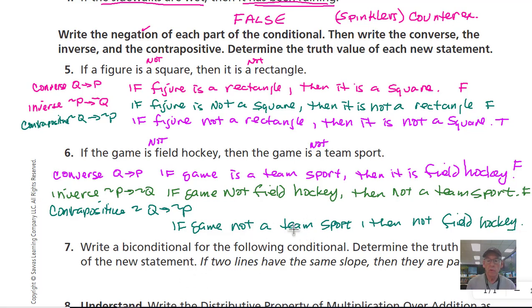Since field hockey is a team sport, if it's not a team sport, that kind of excludes field hockey. So that actually makes this a true statement.